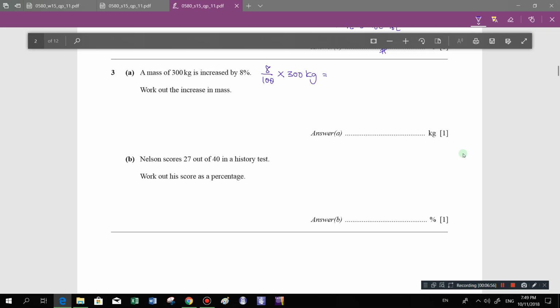Cancel this, so you get 24 kg. But if the question said what is the mass after the increase by 8%, then it will become 108. This question asks for the increase in mass, that means how much extra, which is 8%. So that will depend on the question.